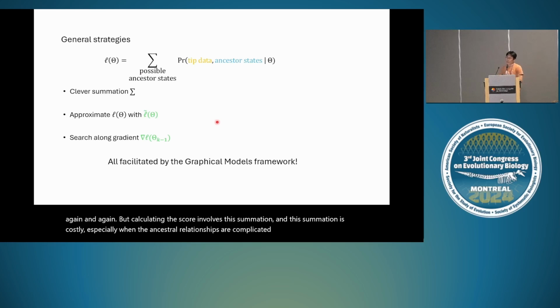Some general strategies to address this computational bottleneck are to perform the summation cleverly, to have an approximation that scales and can be computed in an easier, faster way, or to do a more clever search in this iterative process. And these are actually all facilitated by the graphical models framework.